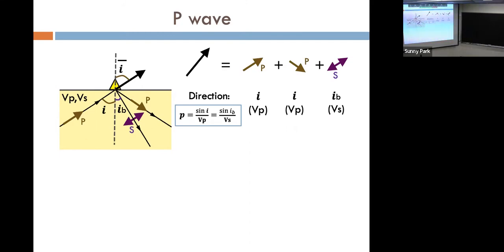For the amplitude, let's assume the P wave coming in has unit amplitude of 1. Since we're going to just derive the angle, it really doesn't matter. For the reflected P and S wave, this is what we call in seismology the reflection coefficient at the free surface. Basically, we're just solving for the free surface boundary condition.